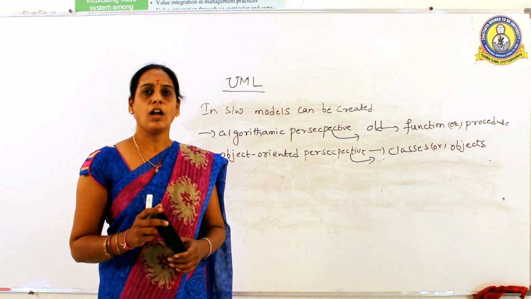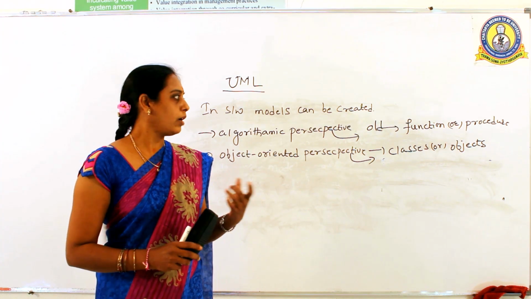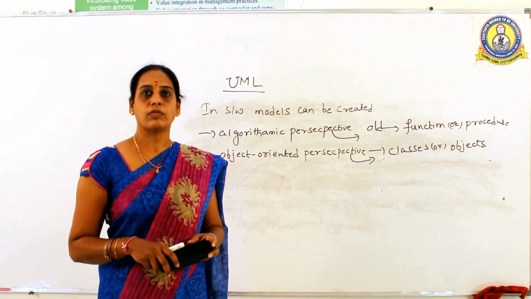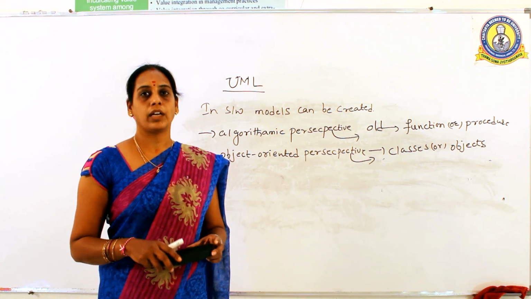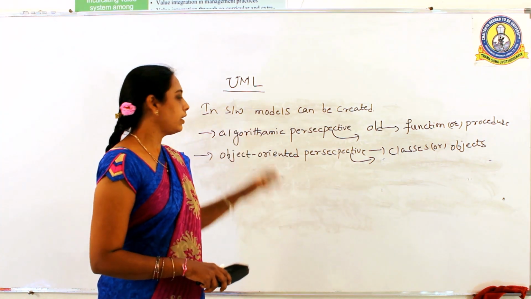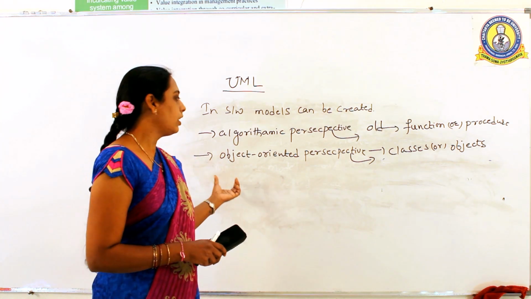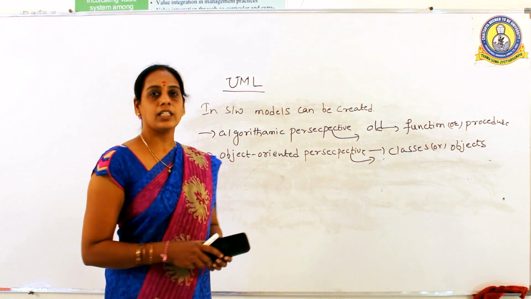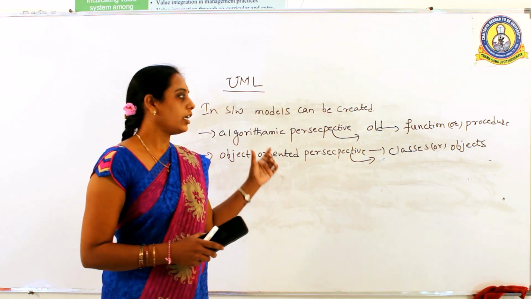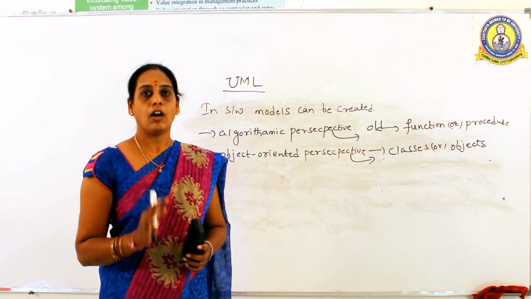So, nowadays all programming languages are supporting the OOPS concepts. Our UML is also a graphical language to develop the models for object-oriented programming languages. So, these are the two ways. Old method is using algorithmic perspective to develop the models and contemporary, modern way is object-oriented perspective, where we will be concentrating on classes or objects.